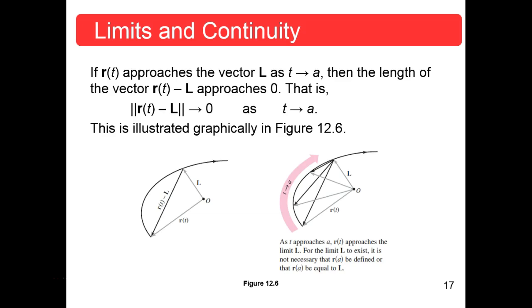And this is showing what I was doing with my hand. As t approaches a, r of t approaches the limit L. For that limit L to exist, it's not necessary that r of a be defined or even equal to L. That's just what it's approaching, because r of a may be defined some other way.